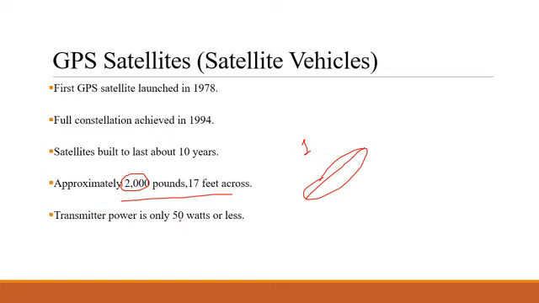Transmitter power is only 50 watts or less. For transmitter power, there are batteries and there might be a solar panel system which is connected to some energy source, which may be a battery, etc. So transmitter power is 50 watts or less.